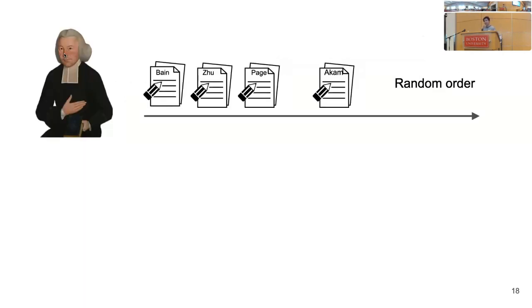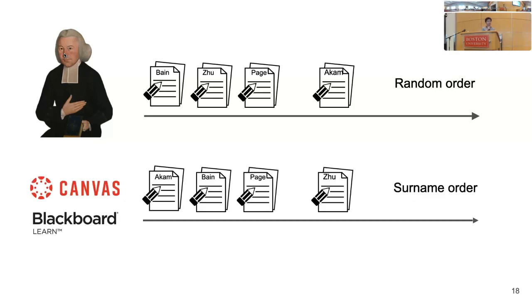So let's formalize this. Before the learning management system was largely deployed in our society, most of the assignments were graded in a random order. There was no correlation between the grading order and student surnames. But now, with the learning management system, most of the assignments are graded in surname order, so there's a strong correlation between the surname order as well as the grading order.